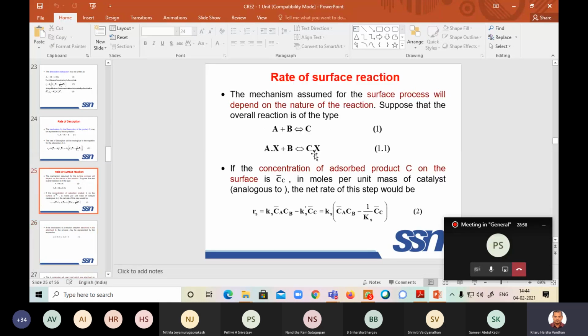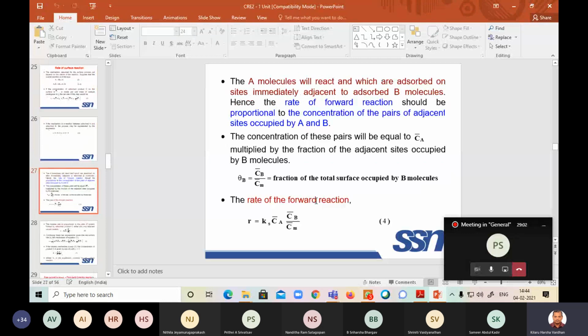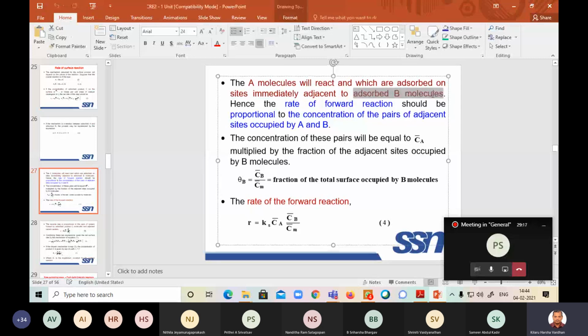If it is like this also, again the expression you can write. So here one important thing is, let A be the molecule. The molecule A will react while adsorbed on the site immediately adjacent to the adsorbed B molecule.